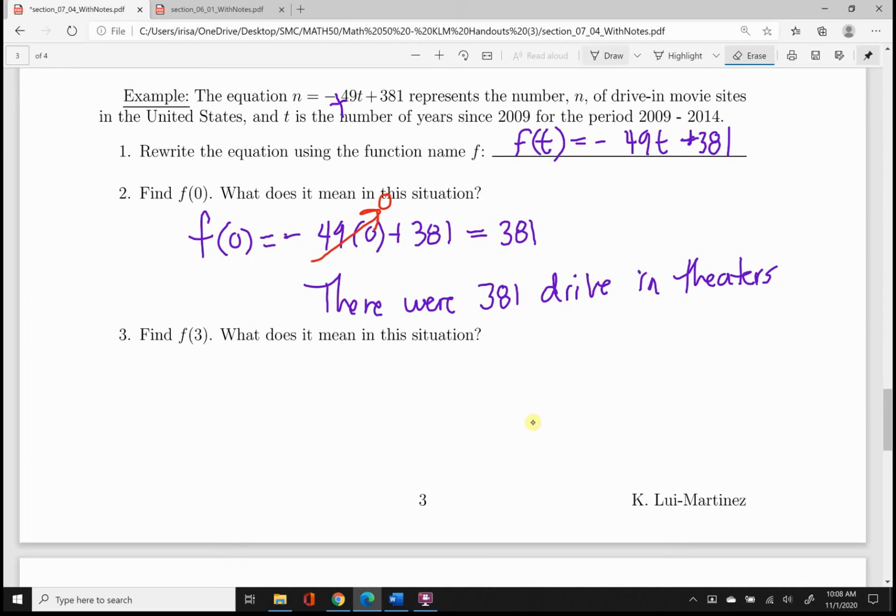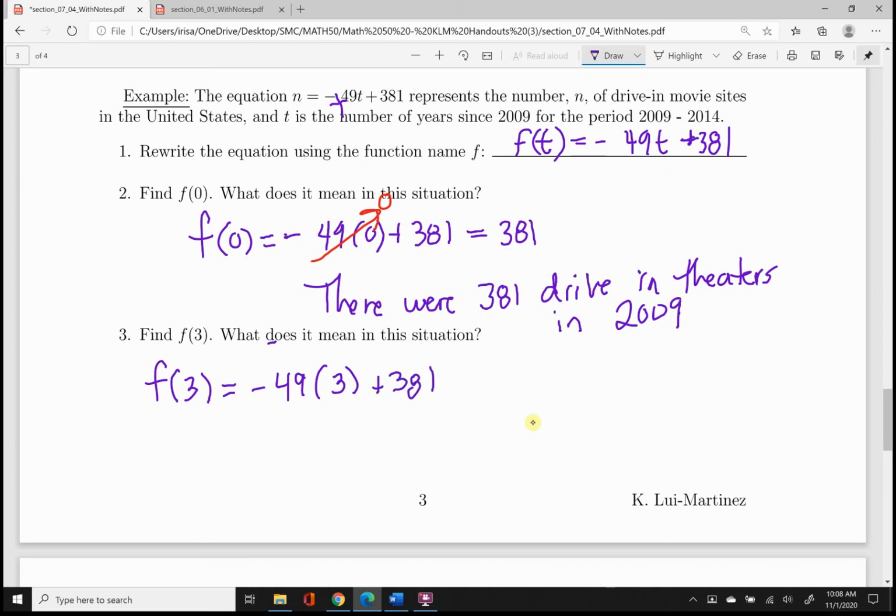Going back to where we were, 381 drive-in theaters in 2009, which remember, is the year representing the 0th year. Now, find f of 3. F of 3 is going to be negative 49 times 3 plus 381.